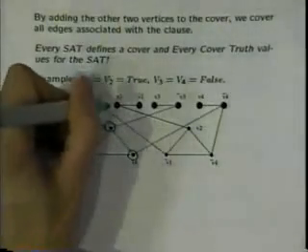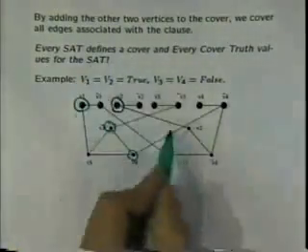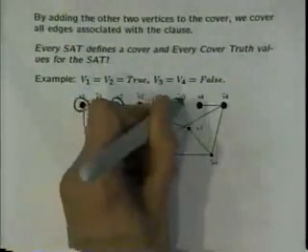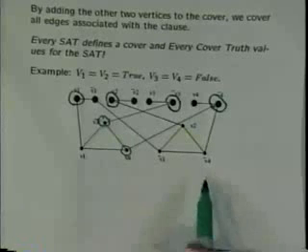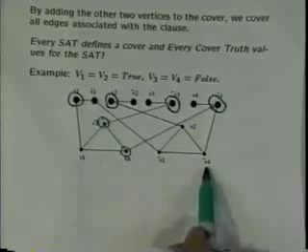Why is that? Take a look at this one. My claim is for these clauses, this is a satisfying truth assignment. Correct? This thing has V1. This thing has not V4.